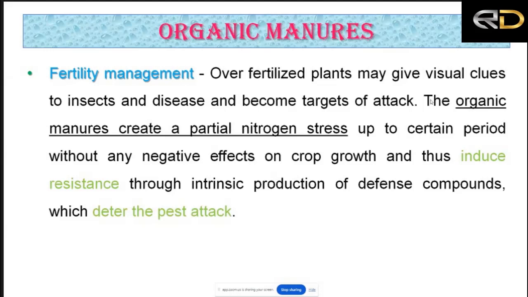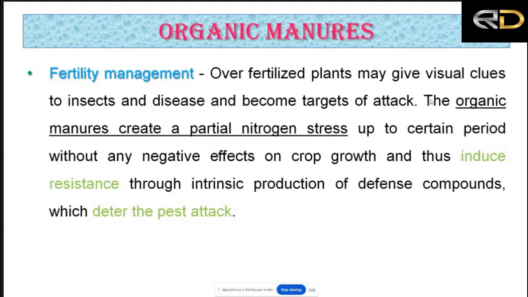So in fertility management, in conventional farming, if we are applying fertilizer in higher doses, the plants will take up the nutrients very fast and in very high amounts. That will result in overgrowth of the plant, and this overgrowth will again attract the pest. They will become a target of attack.